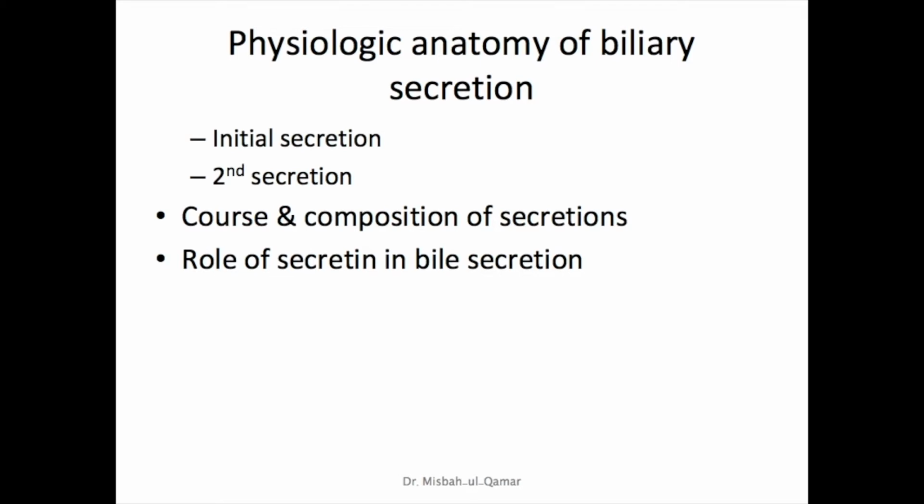Initial bile is excreted from hepatocytes into bile canaliculi, which flows toward bile ducts, finally reaching into duodenum or gallbladder. In its course through bile ducts, second portion of liver secretion is added to the initial.